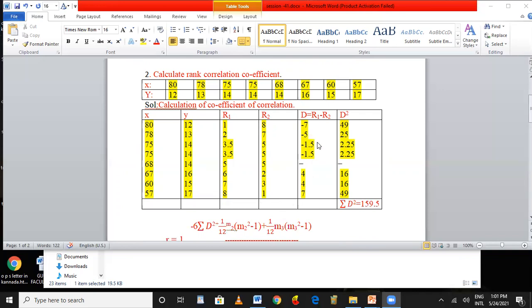These are the differences between the first and the second ranks, denoted as D.